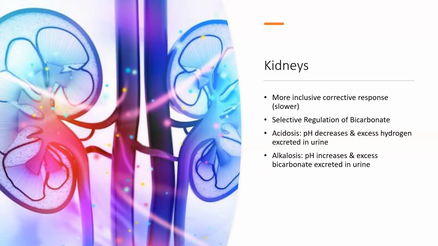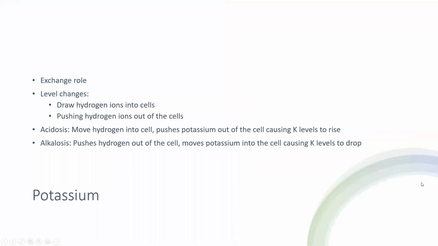Now, the exact opposite happens in alkalosis. We have that increase in pH, which means we don't have enough hydrogen. We have too much bicarbonate. So your body will release that excess bicarbonate in the urine in order to drive down the pH. So basically these kinds of systems work in reverse.